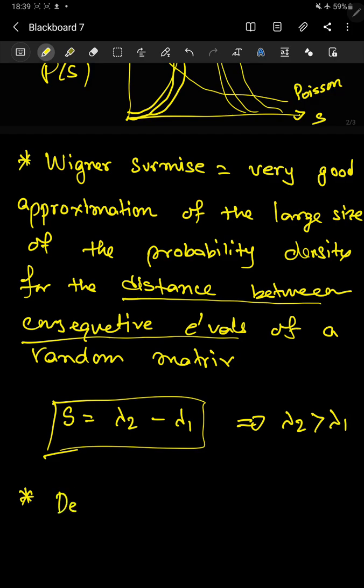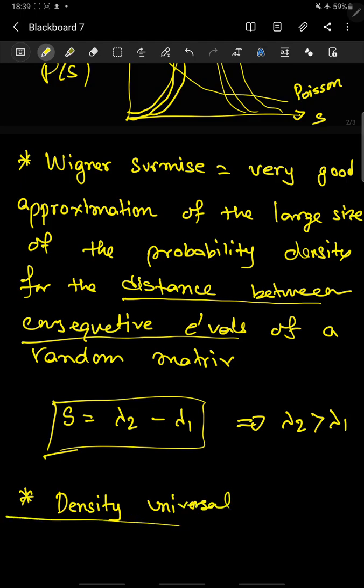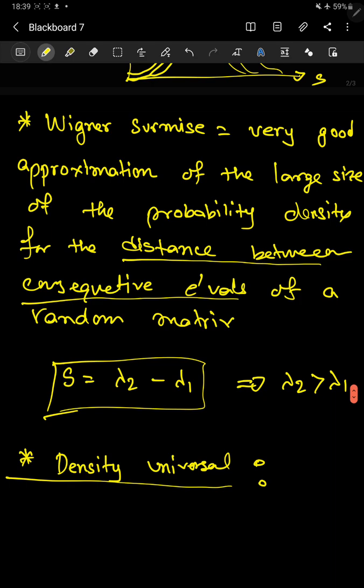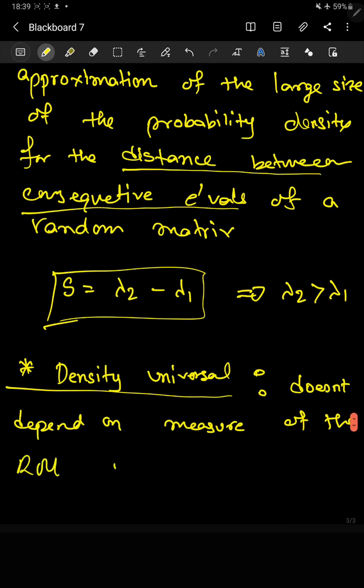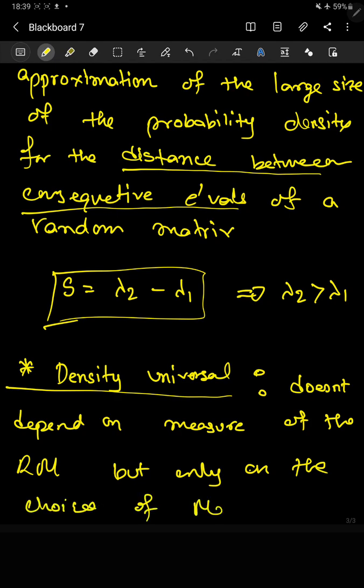So remember, density is universal in the sense that when you will be doing matrix integrals, you will see that they don't depend on the measure of the random matrix integral, but only on the choice of matrix ensemble. We'll see this in the next video, these two things.